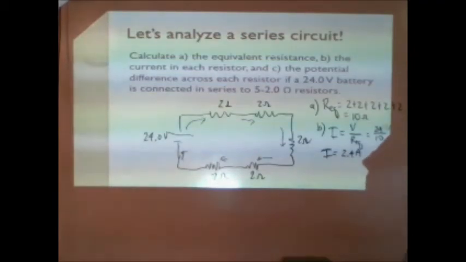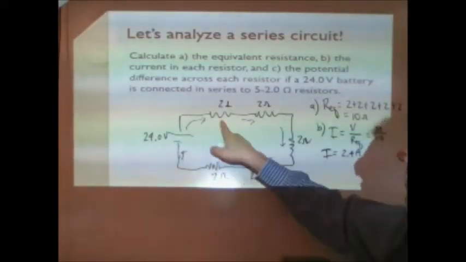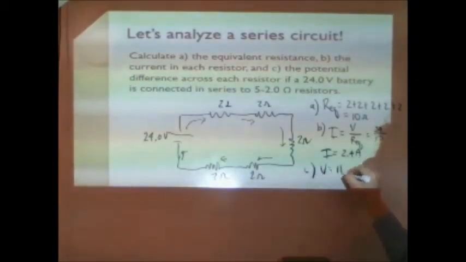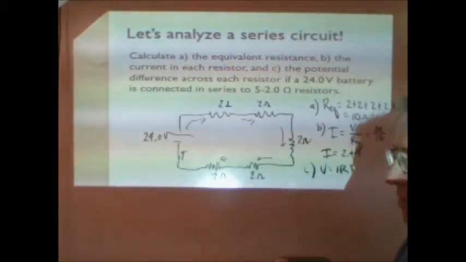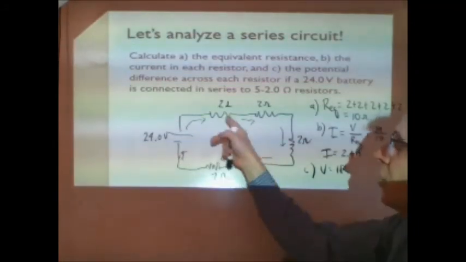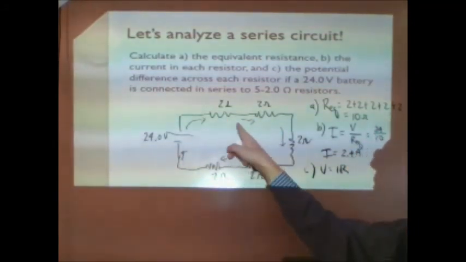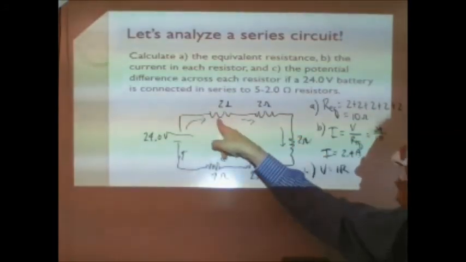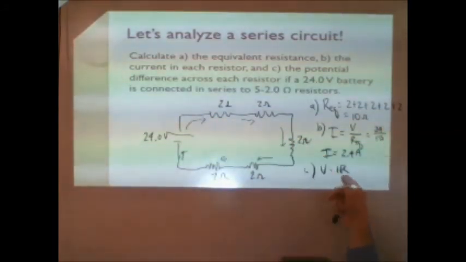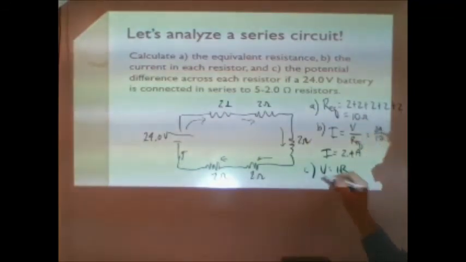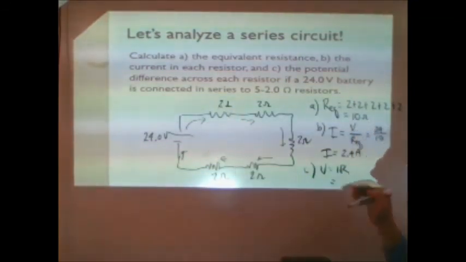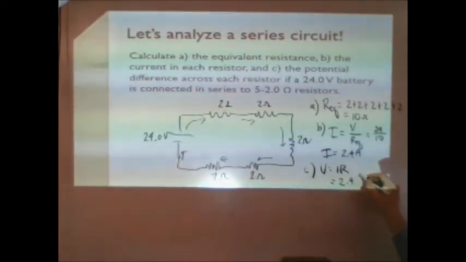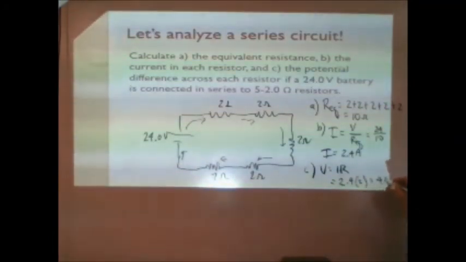The potential difference across each resistor, well, again, we can use V equals IR over and over again. Since we know the current that flows through each of these resistors is 2.4 amps, and each resistor is 2 ohms, then the voltage that drops across each resistor will just be 2.4 times 2, or 4.8 volts.